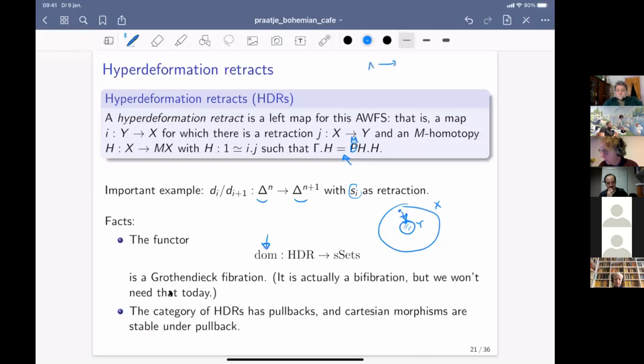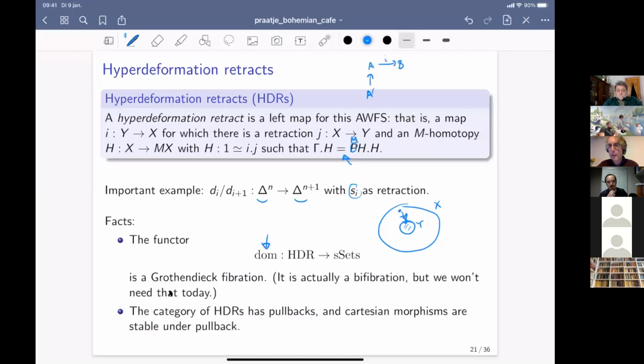Suppose you have a certain hyperdeformation retract, say I from A to B, and you are given maybe a certain map from A prime to A, and you want to pull this hyperdeformation retract back along this map.